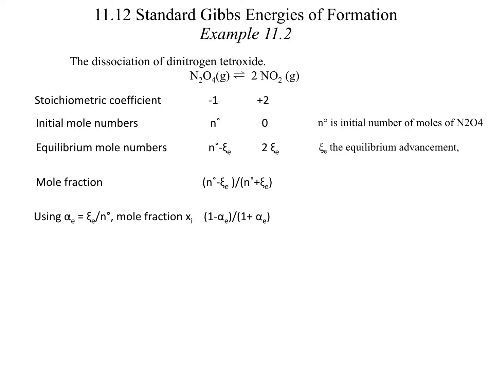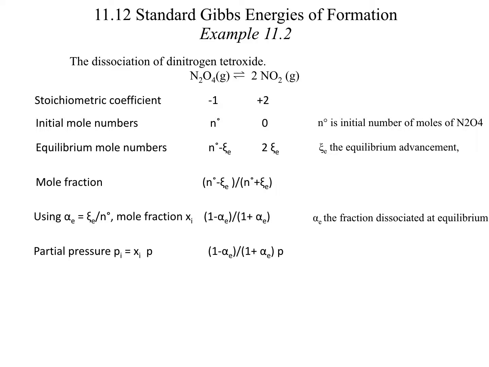All that means is wherever xi e over N0 is present, replace it with alpha, the equilibrium dissociation. So 1 minus alpha e divided by 1 plus alpha e. That is the mole fraction of the first component here in this particular case. Now you can write the mole fraction for the second component in terms of alpha e as well, which I have left out in this particular case.